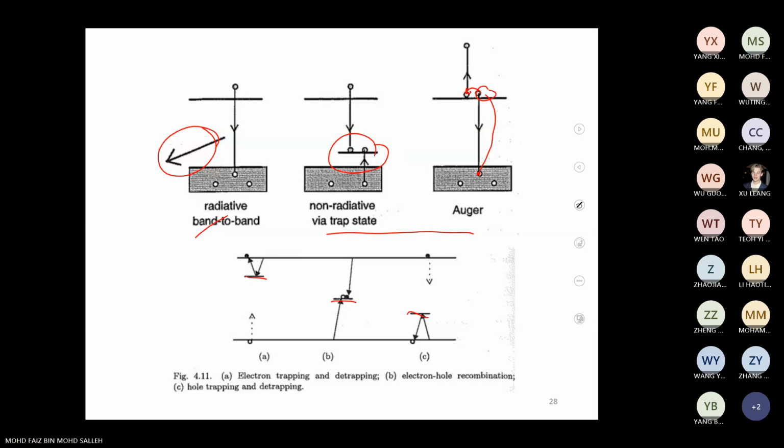It is not changed into photon energy, but the energy is absorbed by the neighbor electron, and that neighbor electron can go to a higher energy state. So that is the phenomena that can happen inside the solar cell. Even though we successfully make pairs of free holes and free electrons, they can be reduced by this kind of recombination. So when we want to calculate the current, we need to consider all of these phenomena.